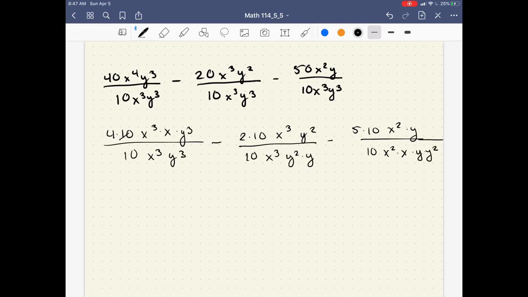Now after this we can cancel, so the 10 goes away, the x cubed goes over with the x cubed, the y cubed goes over with the y cubed, so I have a total of 4x left over. Minus, the 10's cancel out, the x cubes cancel out, the y squareds cancel out, so I have 2, and in the denominator I have leftover a y. Minus, the 10 cancels out, the x squares cancel out, and the y's cancel out. So that means that I have in the numerator left a 5, and in the denominator I have left x times y squared.